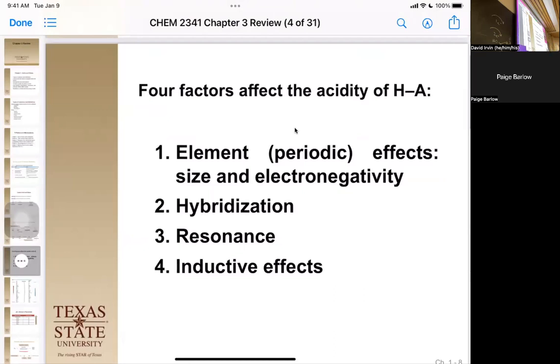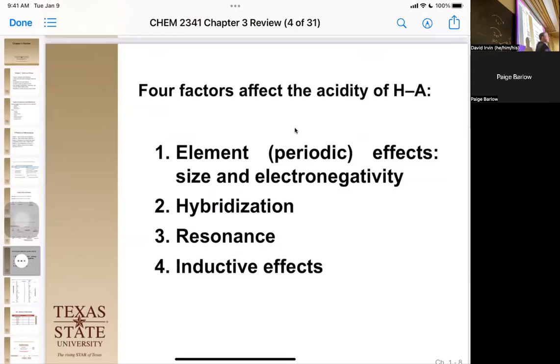Next is hybridization. That's specifically for sp3 is less acidic than sp2, which is less acidic than sp1. And it's all because of s character, okay? Resonance, the more you can spread that charge out. Think about methane sulfonic acid. What made it a great leaving group was the fact that it could spread that charge out over 3 different oxygen atoms, making it a very acidic compound, which makes it a very weak base, which makes it a great leaving group.